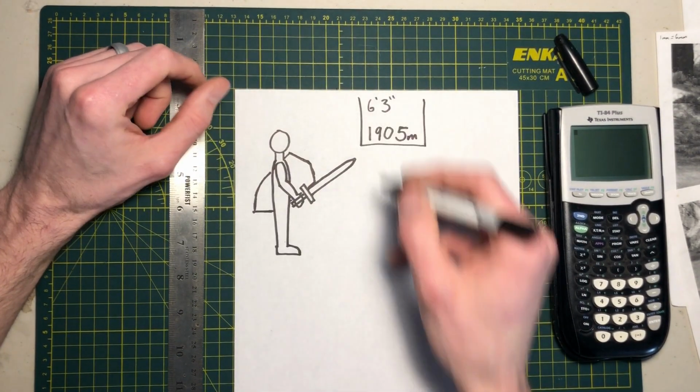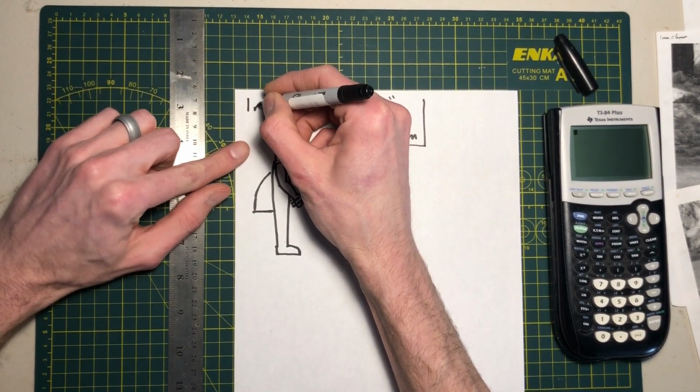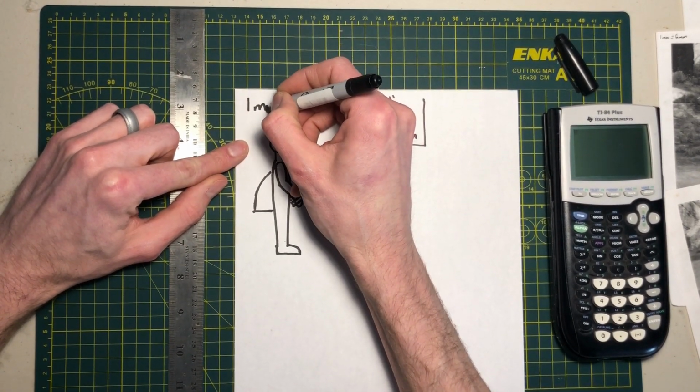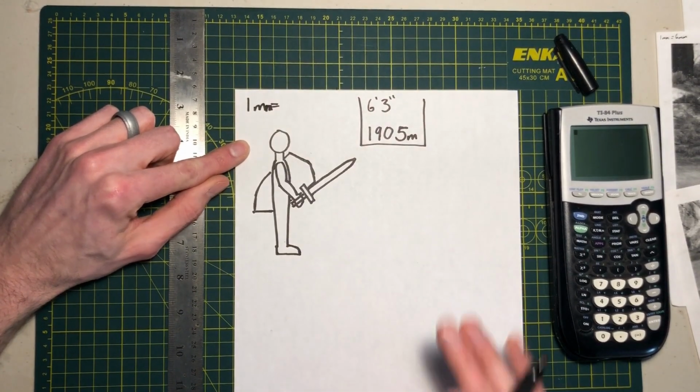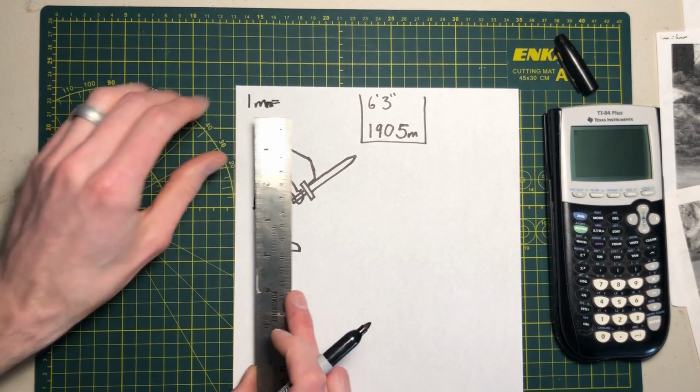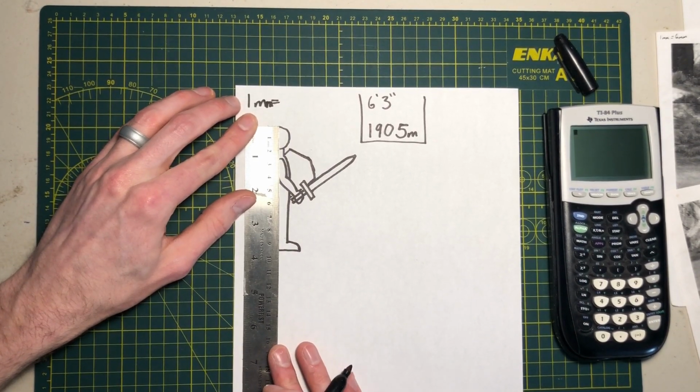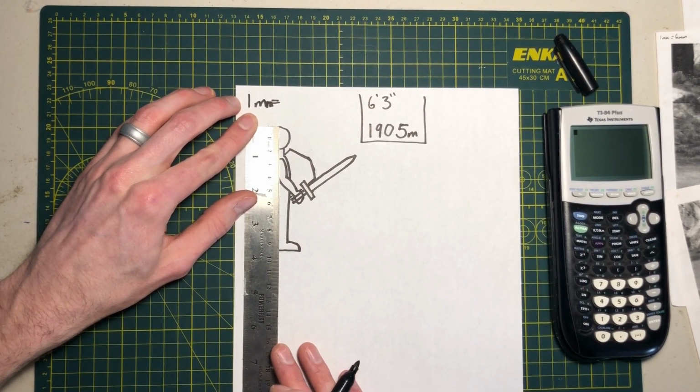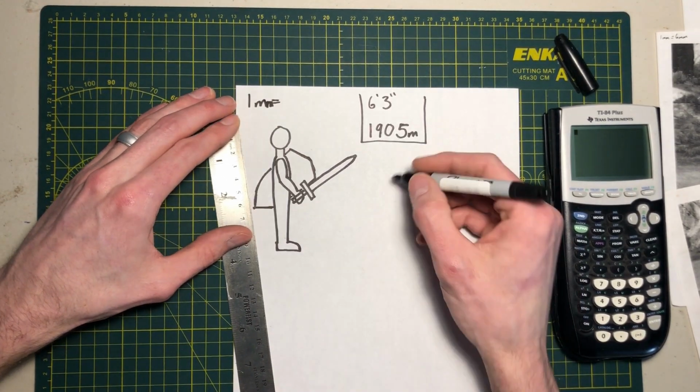What we want to find is what 1 millimeter on our sheet here is equal to. So the way we're going to do that, we're going to find our guy's height here in millimeters. It looks like he is 94.5 millimeters tall.